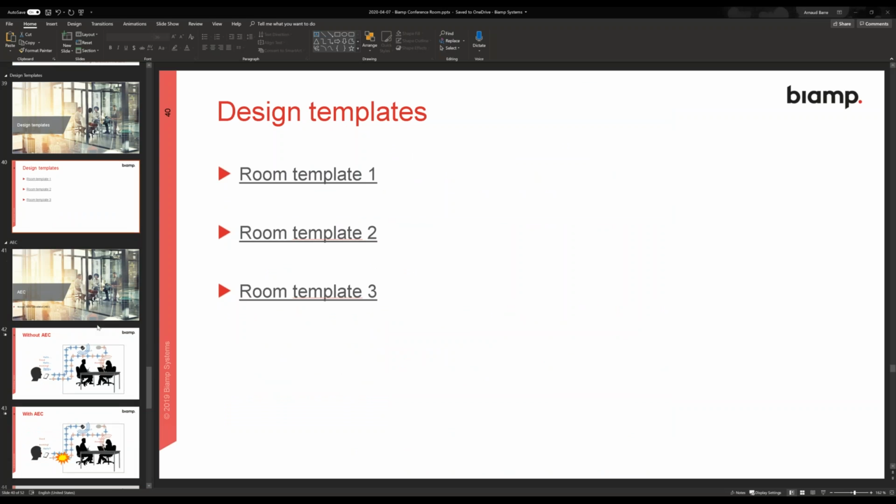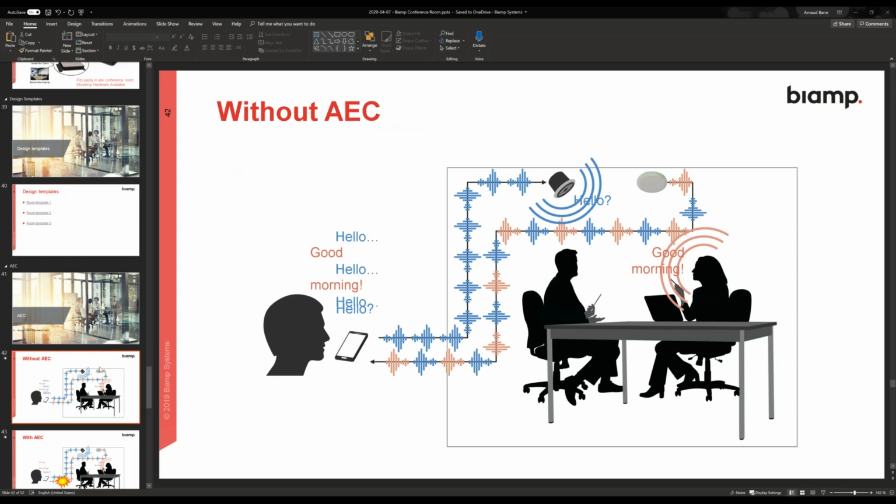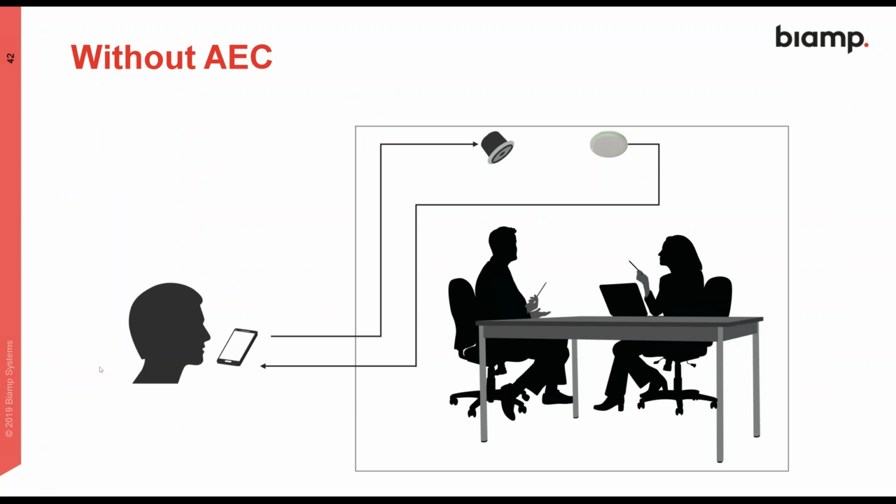Design template. Quick word on AEC for those of you who are not familiar with what AEC is. So you've got a far end speaker on the left and the near end, well, the people in the conference room on the right. So when the far end says hello, your speakers actually say hello and the mic picks it up.